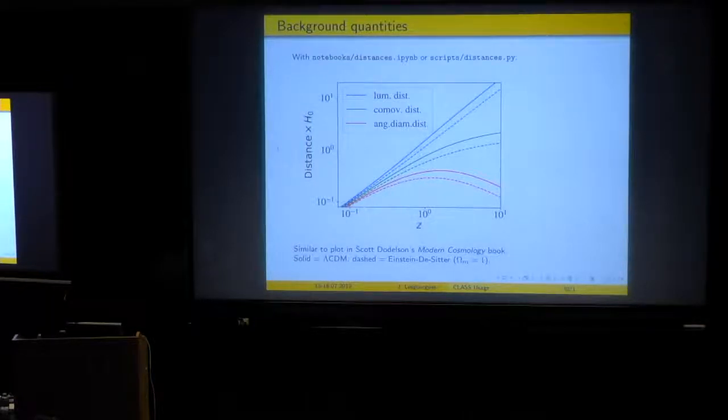It's a famous plot comparing the luminosity and comoving and angular diameter distance as a function of redshift for 2 cosmologies, lambda CDM and Einstein de Sitter. So how do you get this plot from class?